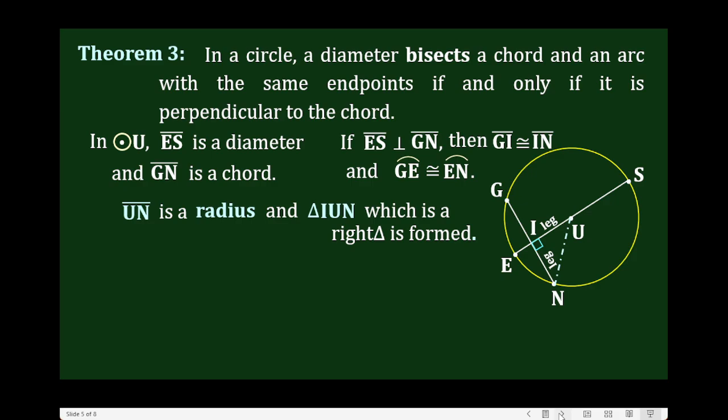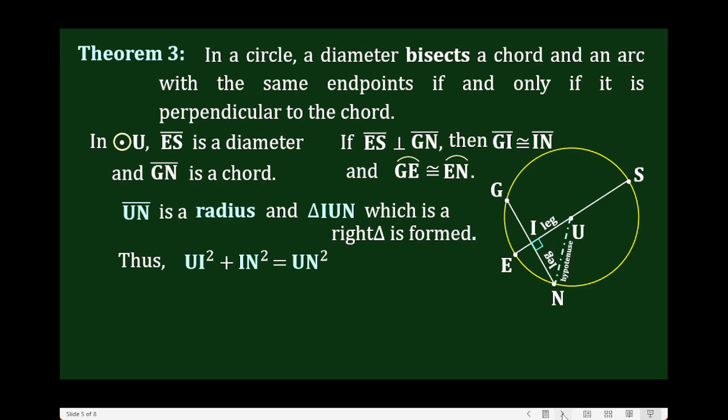We know that in a right triangle, the two sides that form a right angle are the legs, and the longest side is known as the hypotenuse. In a right triangle, there is a formula that illustrates the relationship among the three sides, and that is the Pythagorean theorem, which states that, particularly in this triangle, segment UI squared plus segment IN squared equals segment UN squared.